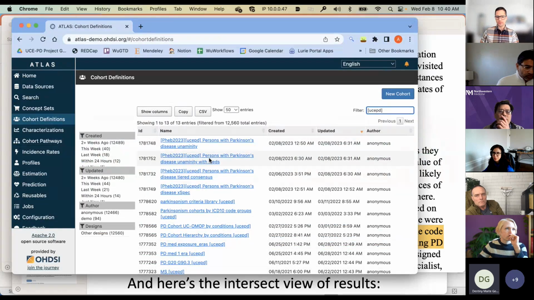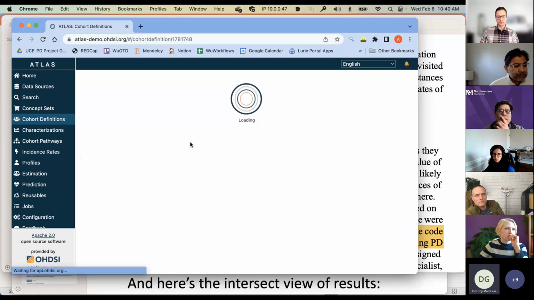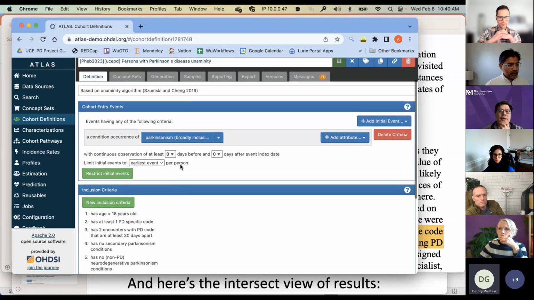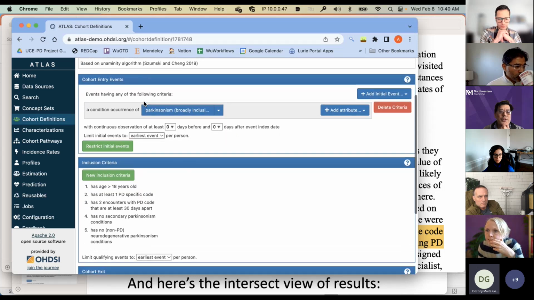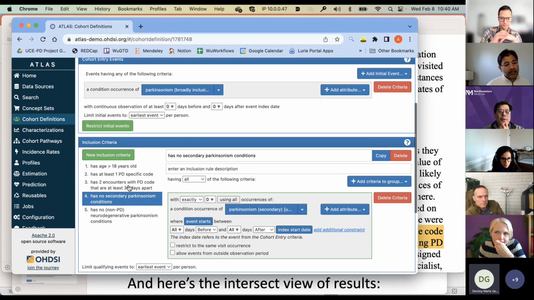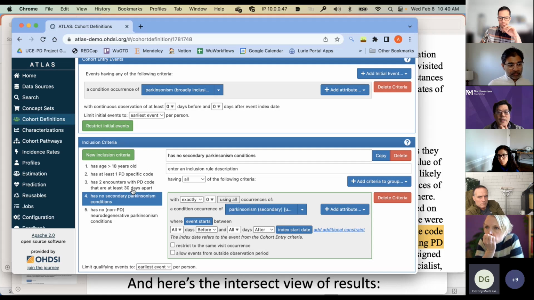Yeah. Okay, so in this criteria, the unanimity criteria, this requires the exclusions here to be applied. In fact, all of these should be applied within 3 years of the last.